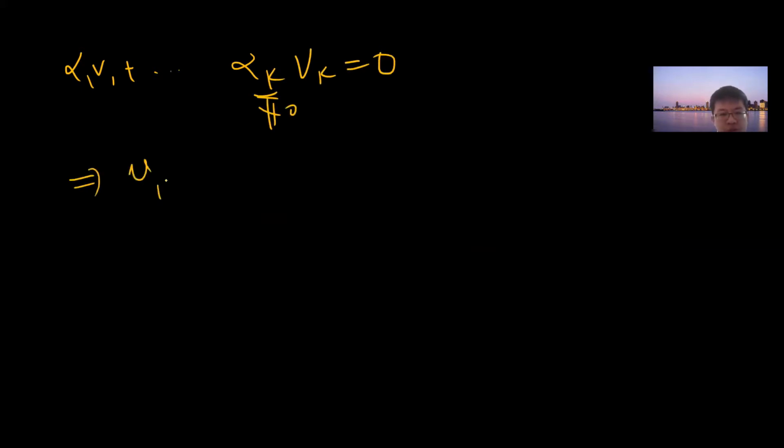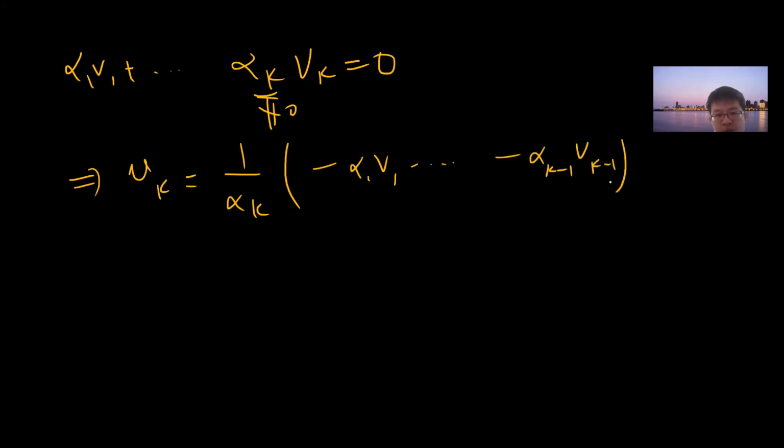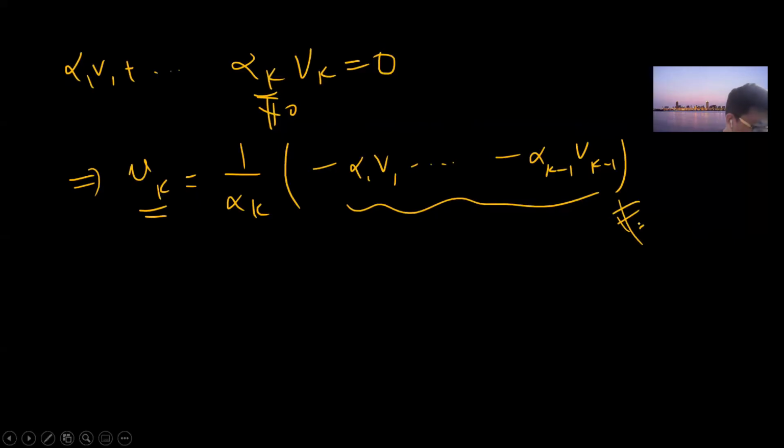So you can write vk as 1 over alpha k times minus alpha 1 v1 minus up to alpha k minus 1 vk minus 1. So vk is a linear combination of the preceding k minus 1 vectors.